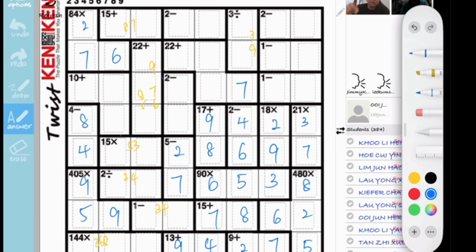And then for the first column, we are left with 3 and 6. But we cannot put the 6 here because these two numbers must add up to 4, but we don't have a 1. We cannot use 1 and 3. Okay, so here must be a 3. So here must be a 6.